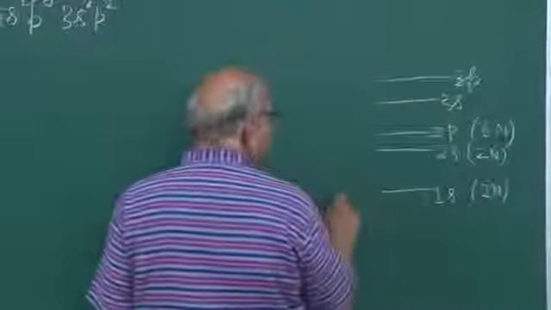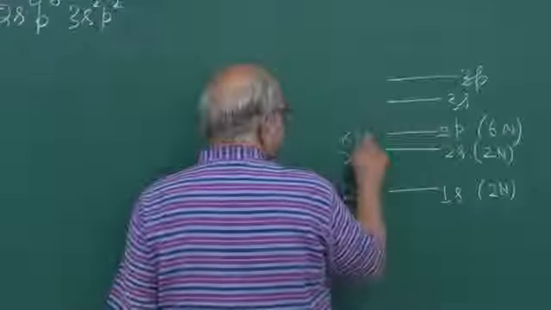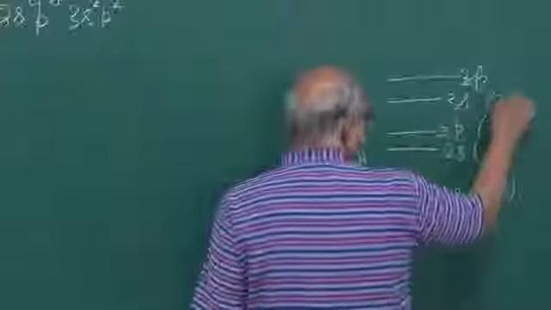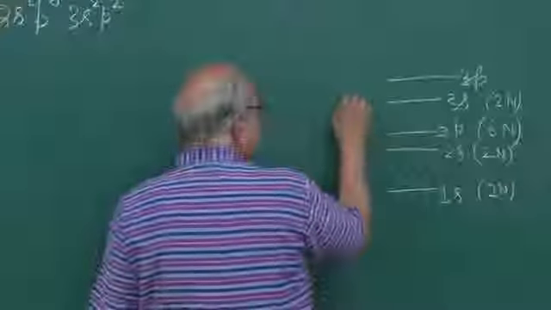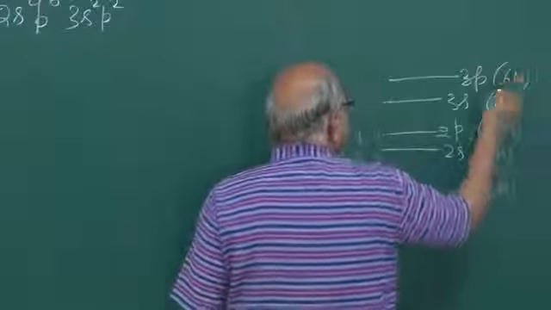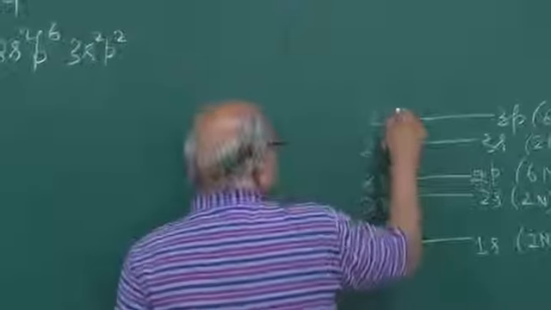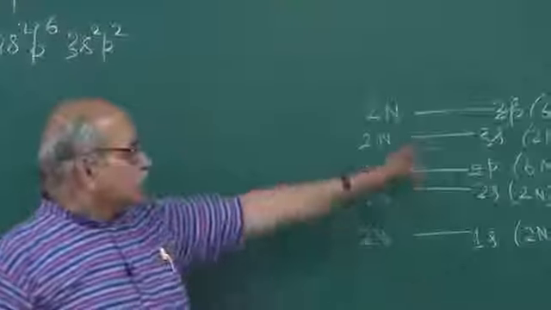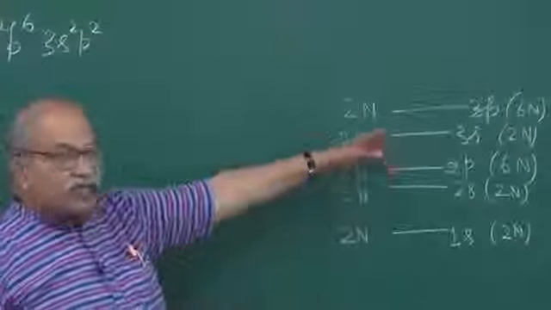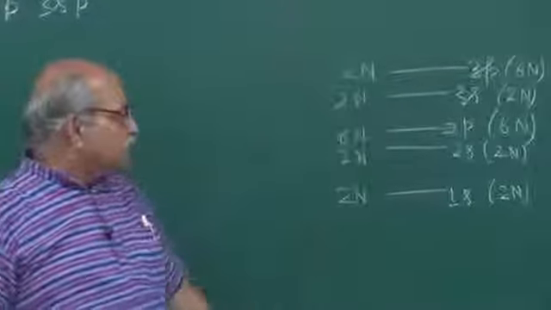These are all full. 3s, 2N quantum states, this is also full. And here you have 6N states and only 2N will be filled. So this is how the occupancy of these quantum states will look.